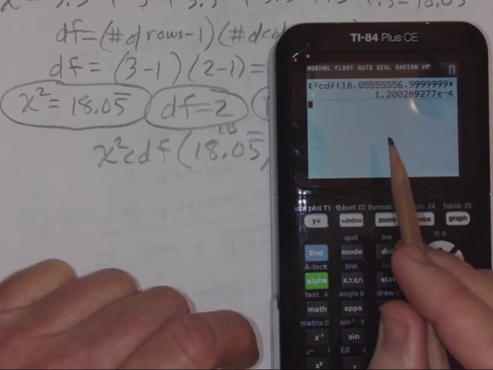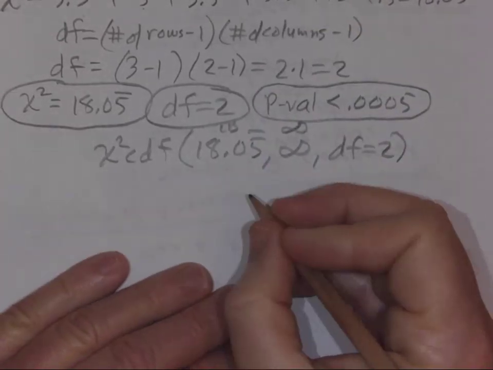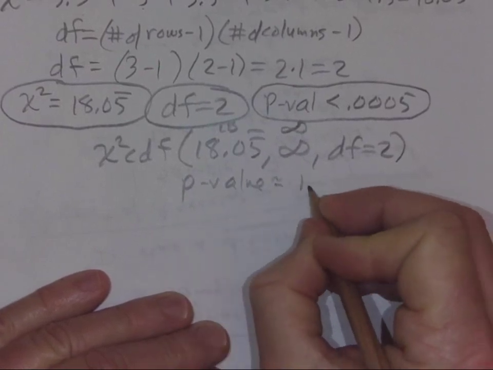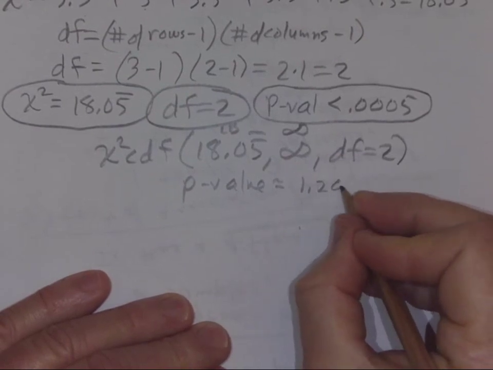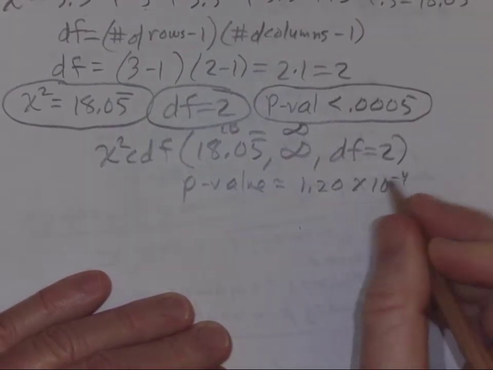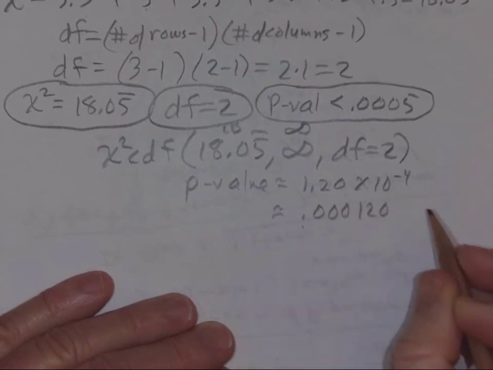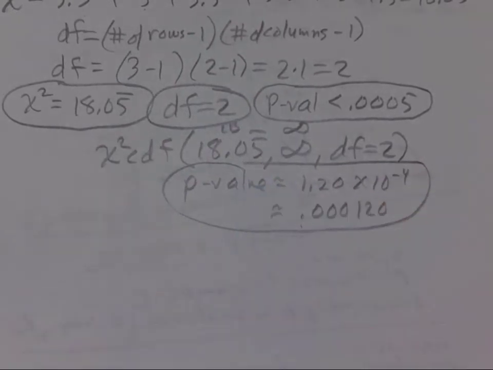It gives us 1.20 times 10 to the negative 4th. So our p-value is approximately equal to 1.20 times 10 to the negative 4th, in other words 0.000120. That is our p-value, and that's how you do that.